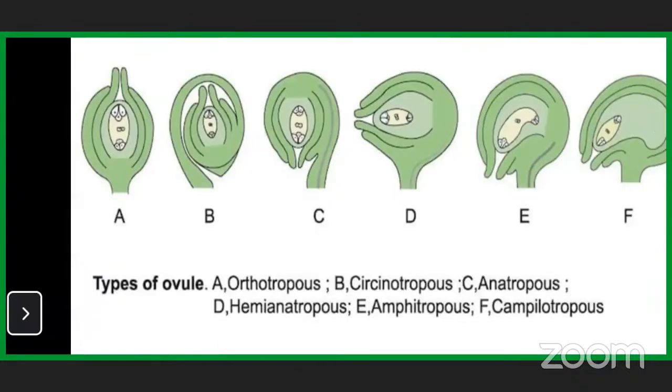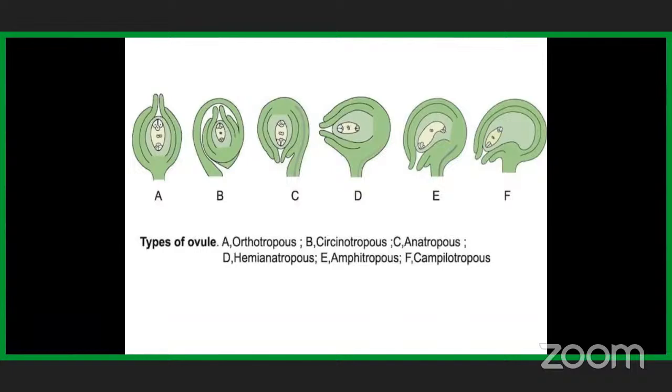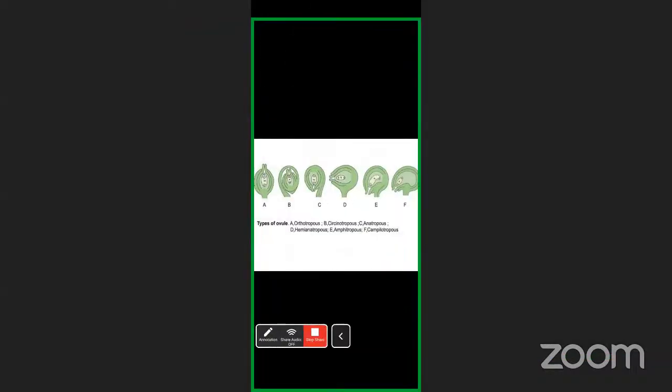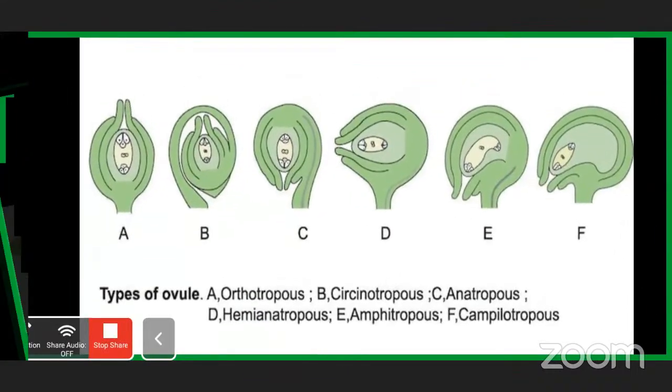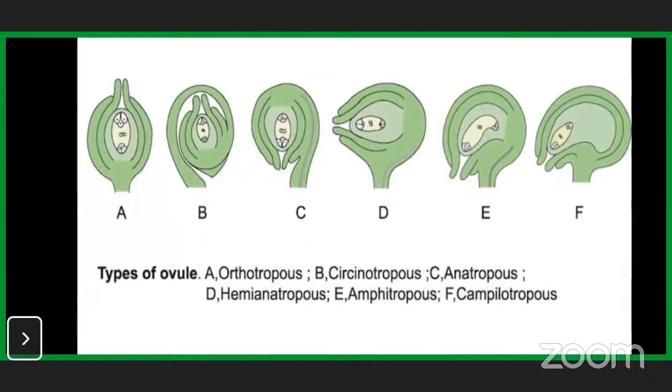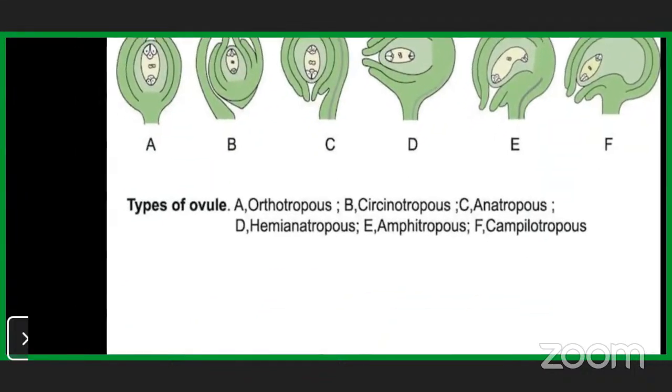You see, orthotropous ovules. The types are anatropous, orthotropous, campylotropous, circinotropous, hemianatropous, amphitropous.